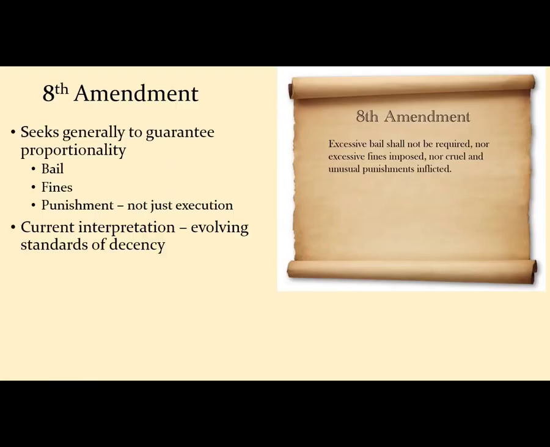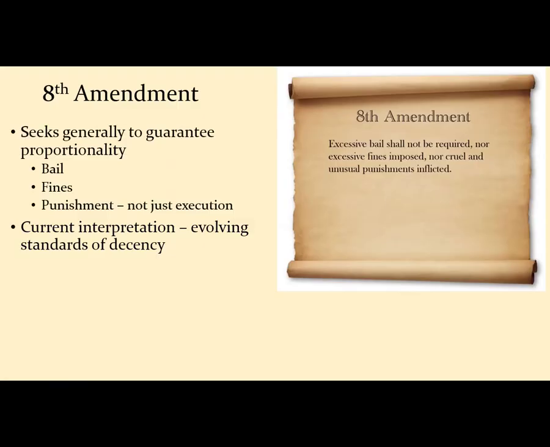Now we know this amendment, particularly because of the language about cruel and unusual punishment, makes us think about the death penalty. And there's a lot of debate currently in society about whether the death penalty is just and fair. The U.S. Supreme Court has spoken on that several times. There are some complicated decisions out there interpreting the Eighth Amendment.